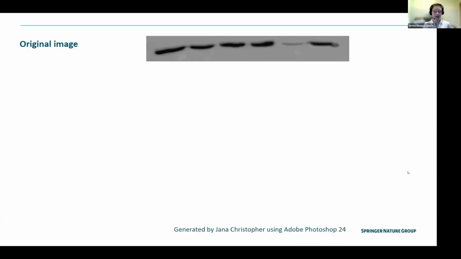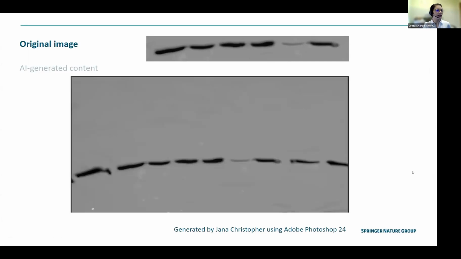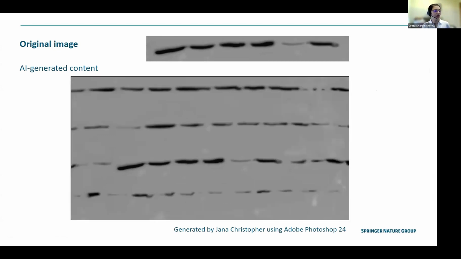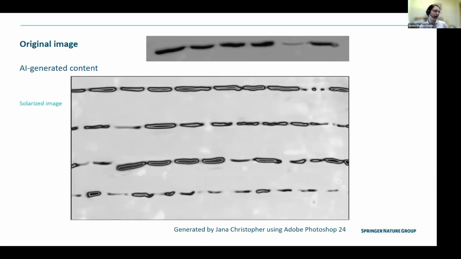And I have some other examples, so I can just show them quickly, and then we'll come back if there's time at the end. Again, a Western blot at the top and an AI-generated extended version to imitate raw data for this, and another version to imitate more raw data, which, when solarized, actually reveals that there is a difference.